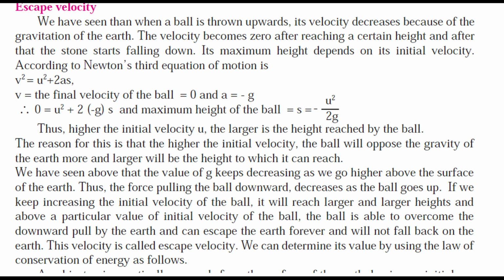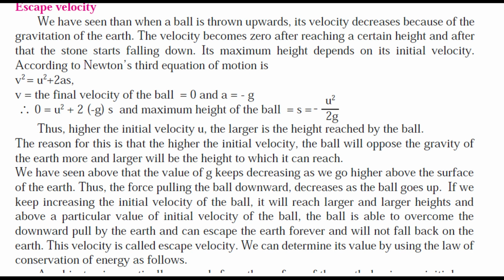We have seen that the value of g goes down as we go higher and higher from the surface of the Earth. The force pulling the ball downwards will go on decreasing as the ball goes up. And if we keep increasing the initial velocity, it will reach higher and higher heights.